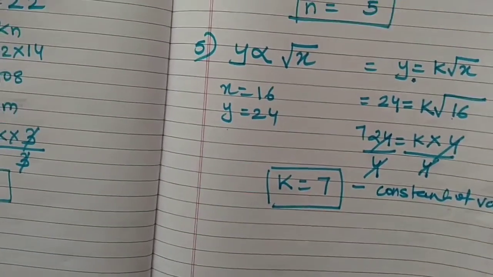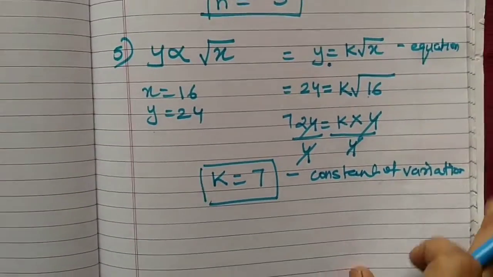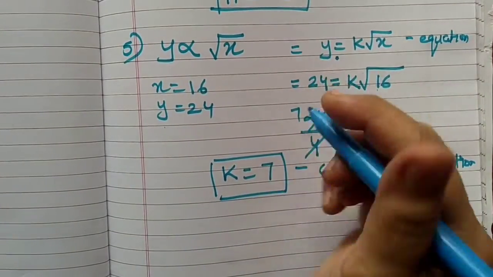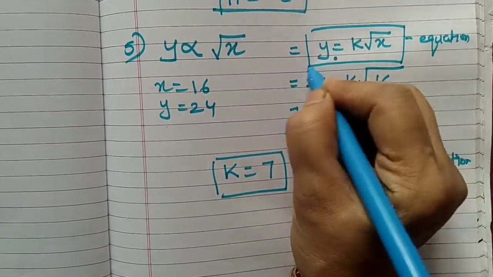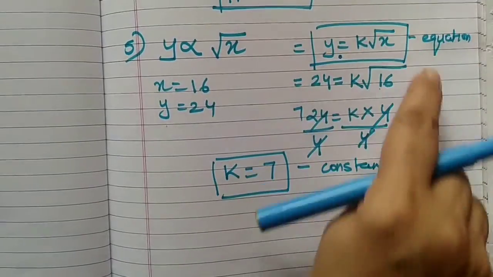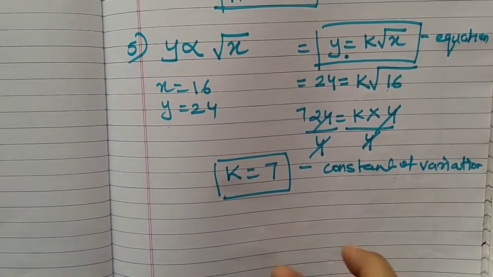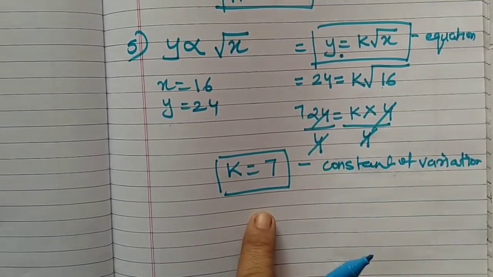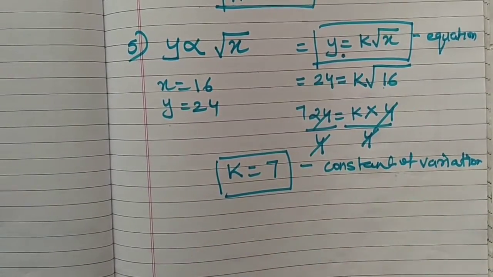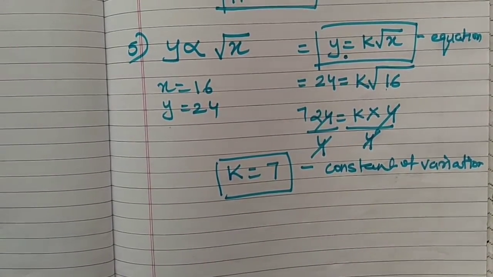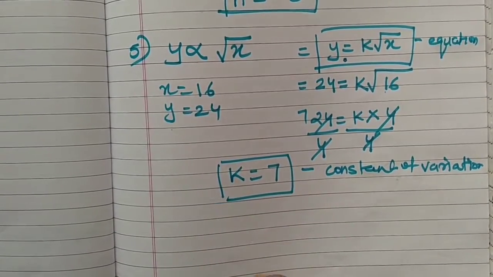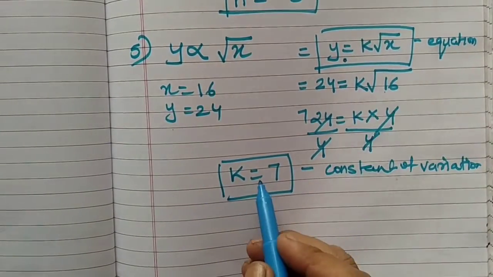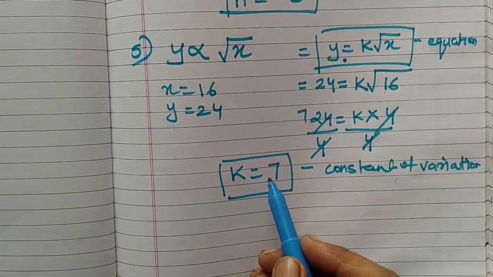So we have found both the constant of variation as well as the equation. Whenever you have to write something important, you always make a square around the answer so that it is immediately visible to the teacher or to anyone who is doing the checking. So this is the equation of variation and this is the constant of variation.